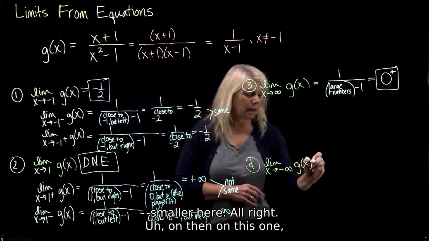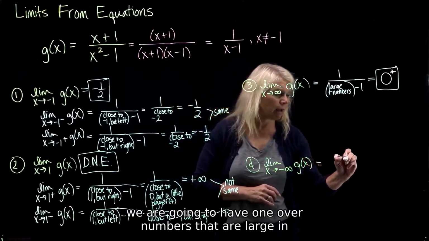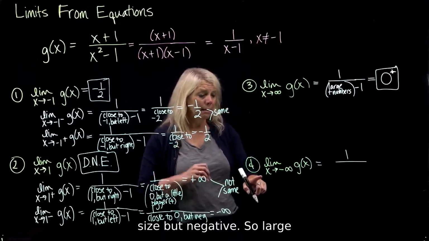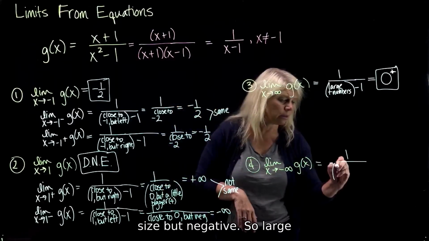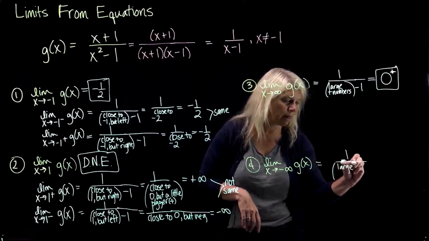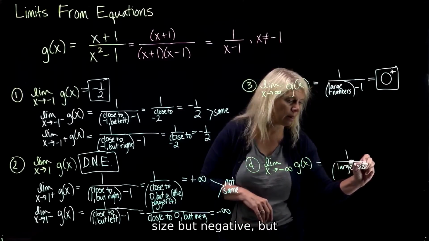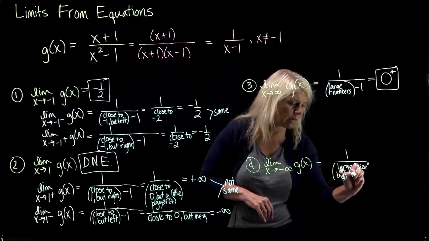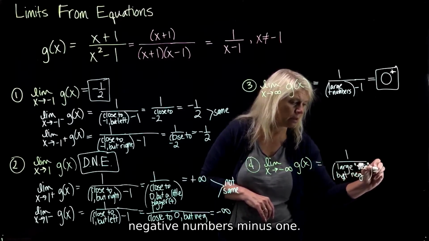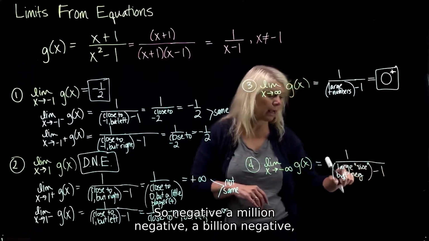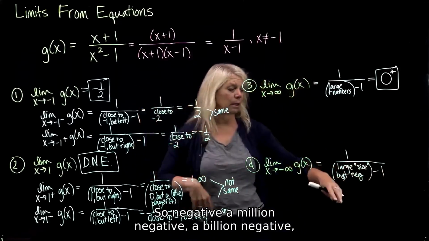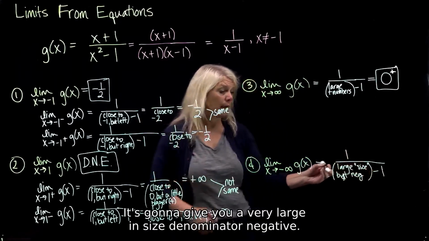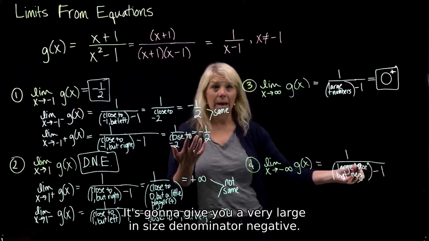All right, and then on this one, we are going to have 1 over numbers that are large in size but negative, minus 1. So negative a million, negative a billion, negative a trillion minus 1 is going to give you a very large in size denominator, negative.